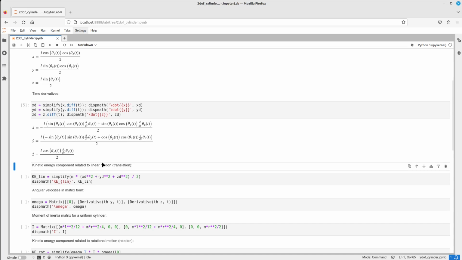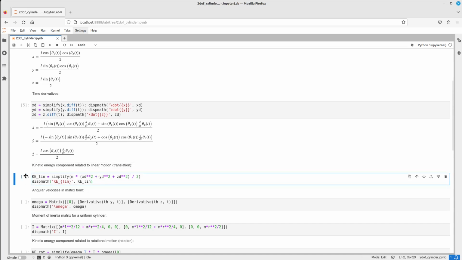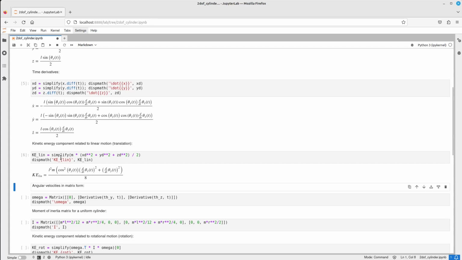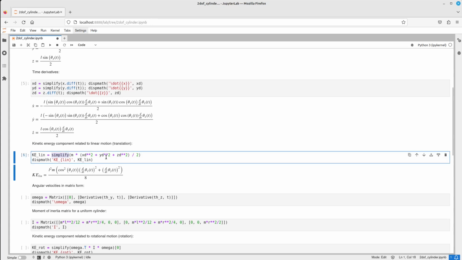Yeah, so that's what we can do. So we have this linear component here, so let's start with this. And for this linear component, we use the linear part of the formula for kinetic energy. So it looks more or less like this. I'm using the SymPy function again, just in case, so that the output looks less verbose.